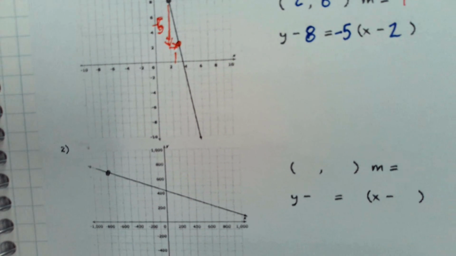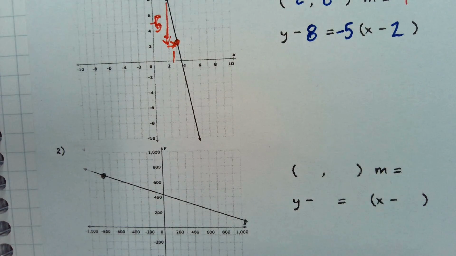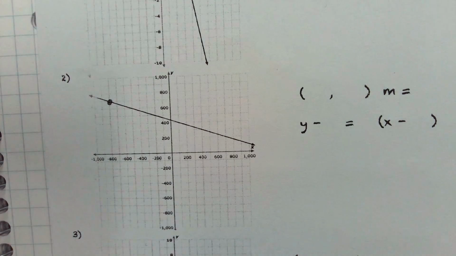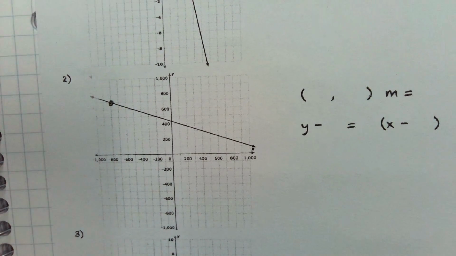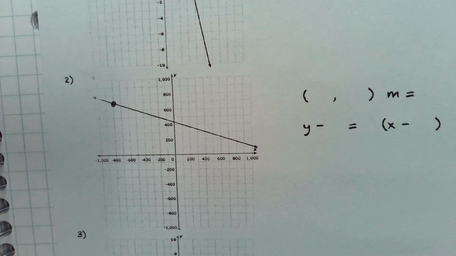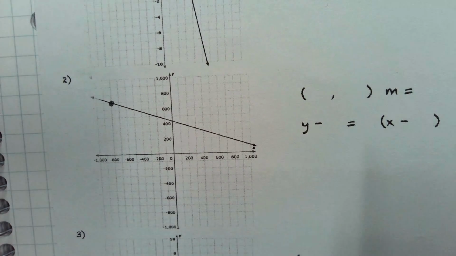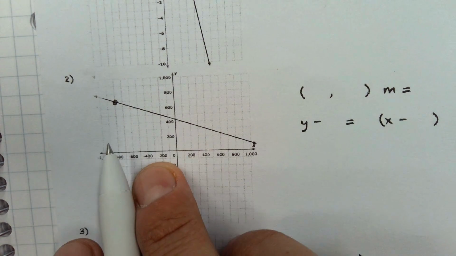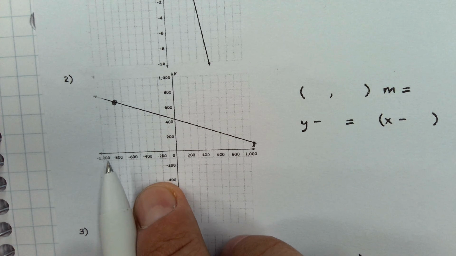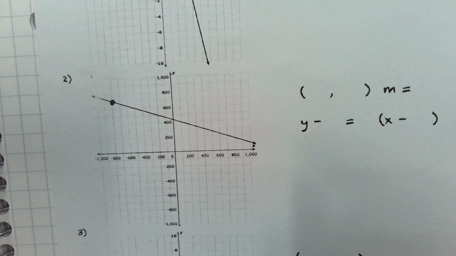All right, guys. So what are some issues with the next one? It's in the hundreds. So the coordinates are definitely going to be much different. So what are the coordinates for our point? Negative 800.